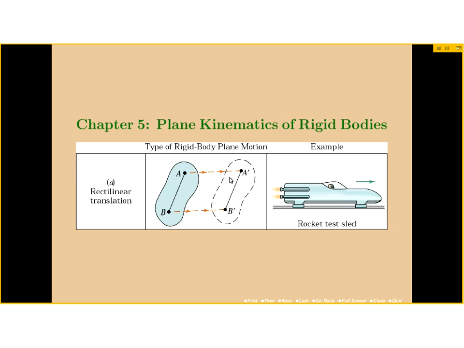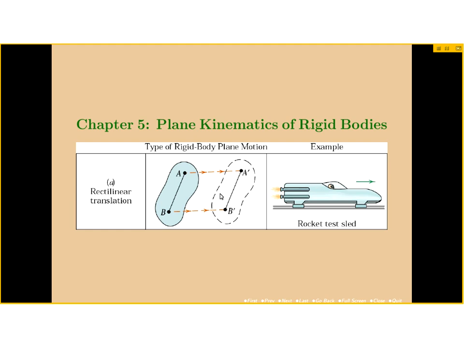Whenever you have the situation that all lines on the body remain in their original orientation, the motion is described as translation. Now, this is rectilinear translation because all the points in the motion moved along a straight line from the original position to the final position.